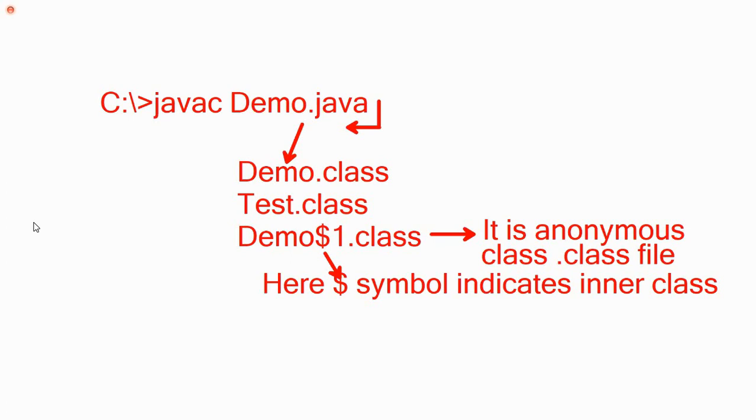So three dot class files are generated: Demo.class, Test.class, Demo$1.class. Here the dollar symbol indicates an inner class.